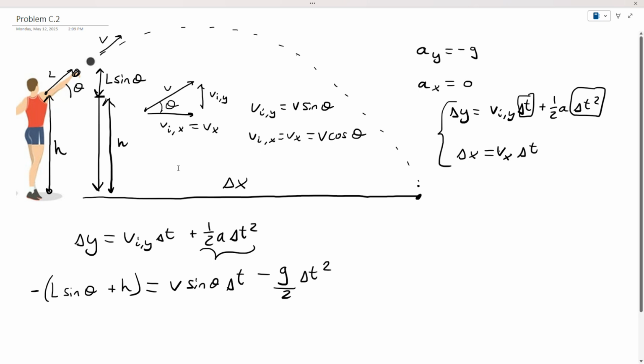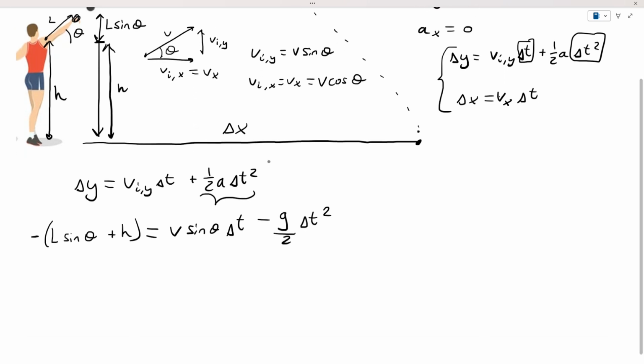Now this is a quadratic equation. If you haven't noticed, all of the terms here are constants that are given, except for theta, which is given but not a constant in our problem. So we want to isolate for delta t. So we're going to put all of these on the same side.